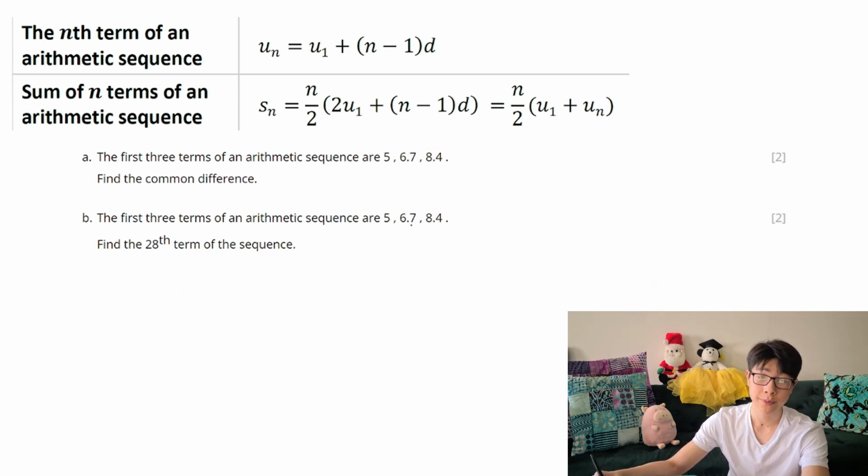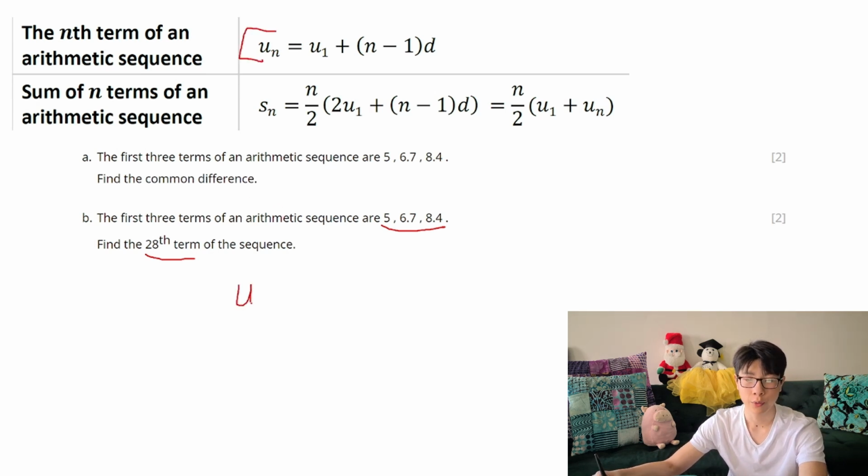Okay, so next part we have the same three terms in the arithmetic sequence, and this time we want to find the 28th term of the sequence. Okay, and this is where the formula comes in. So if we want to find the nth term of the arithmetic sequence, in this case, the 28th term, u28 equals u1 plus 28, so n is 28, minus 1 times d.